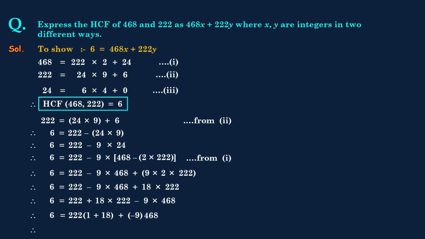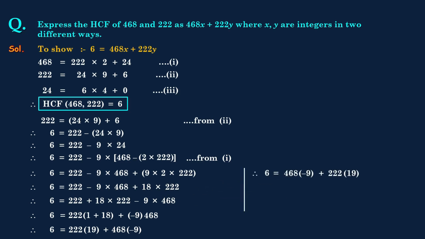Because our main target is to make sure that 6 can be represented as 468x plus 222y. So we have to make this form. So 6 equal to what we got, 222 into 19 plus minus 9 into 468, or 468 into minus 9.